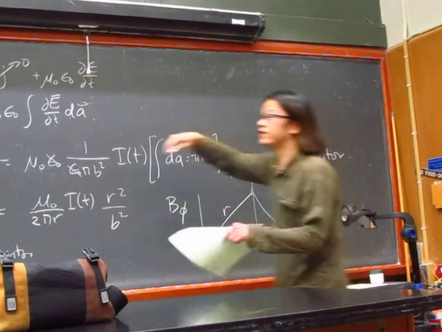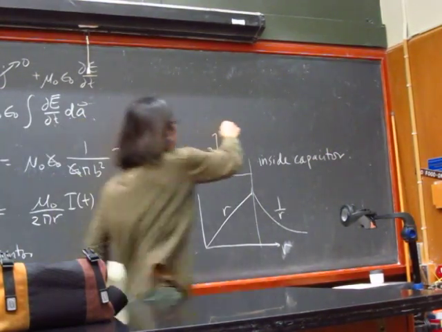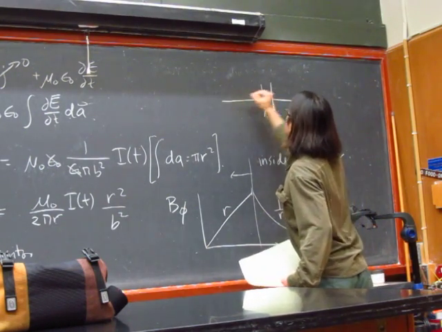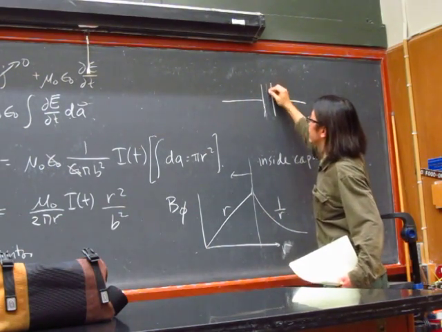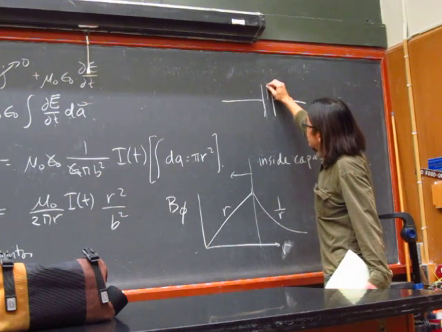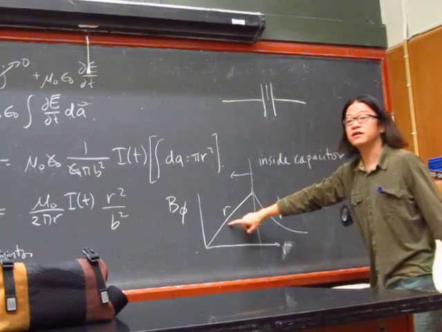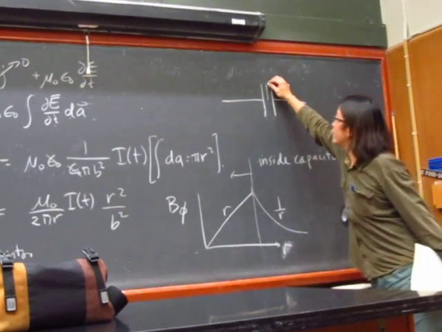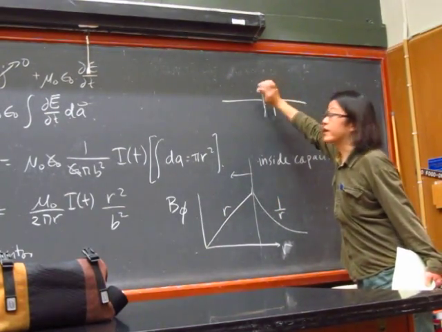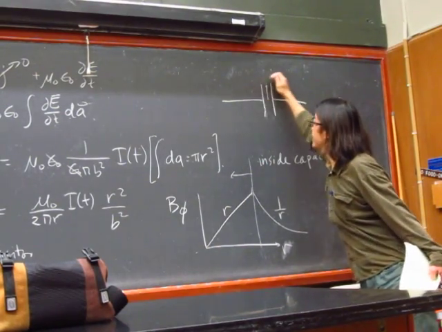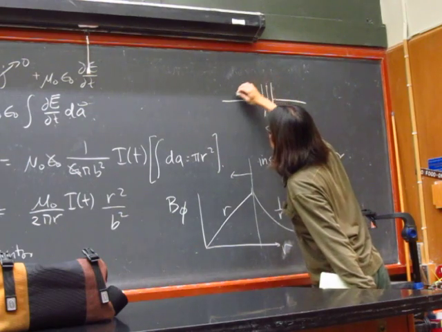So if I look at the field outside of the capacitor, this is the capacitor. If I go radially from the center, the field increases linearly, right. But once I reach the edge, if I can ignore the fringe effect, then it should analytically continue to what happened here.